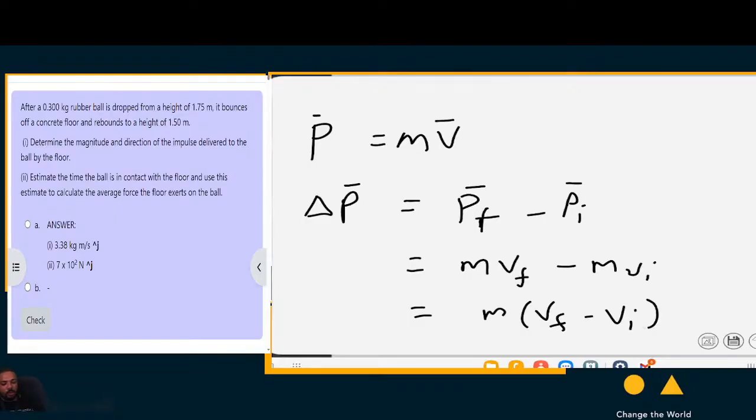But mass won't always be a constant, so this formula will not always be valid. An example would be a rocket ship: as it moves upwards, it is burning fuel, meaning it gets lighter, so its mass is changing. In that case, this formula will not work, so I would rather stick to the one above.